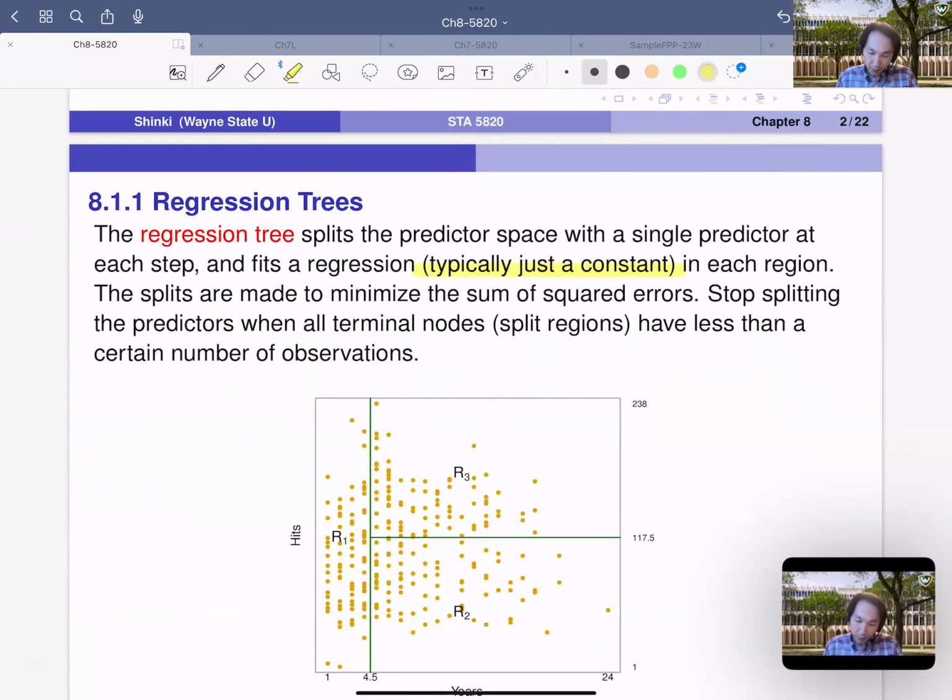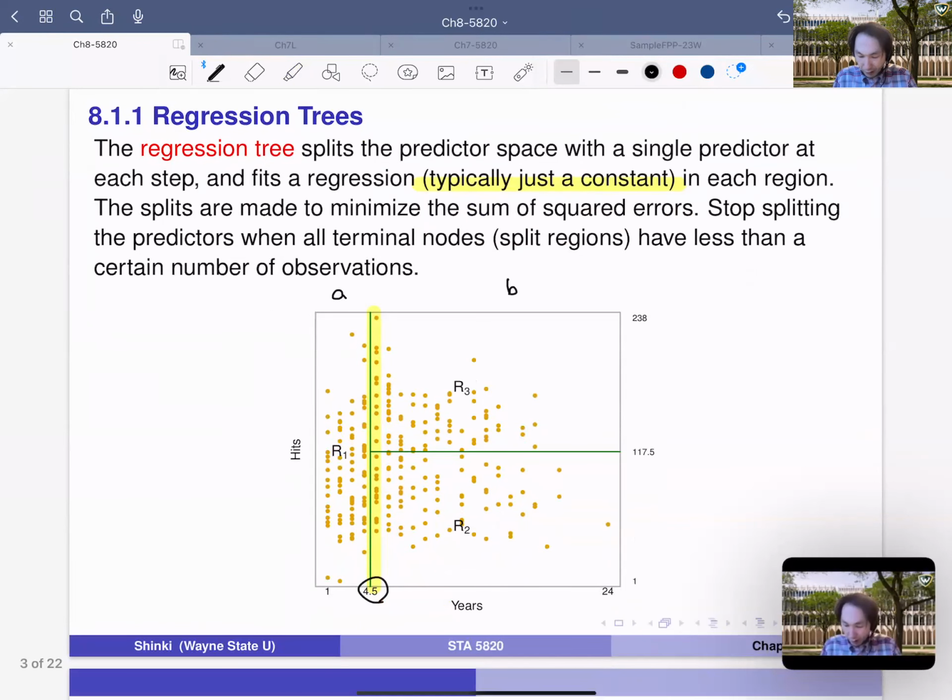And this split is made so that the error is minimized. So you can think about fitting one value, maybe A, and one value B, and what is the best separation. So we minimize the error size to decide at which point we divide this data set.